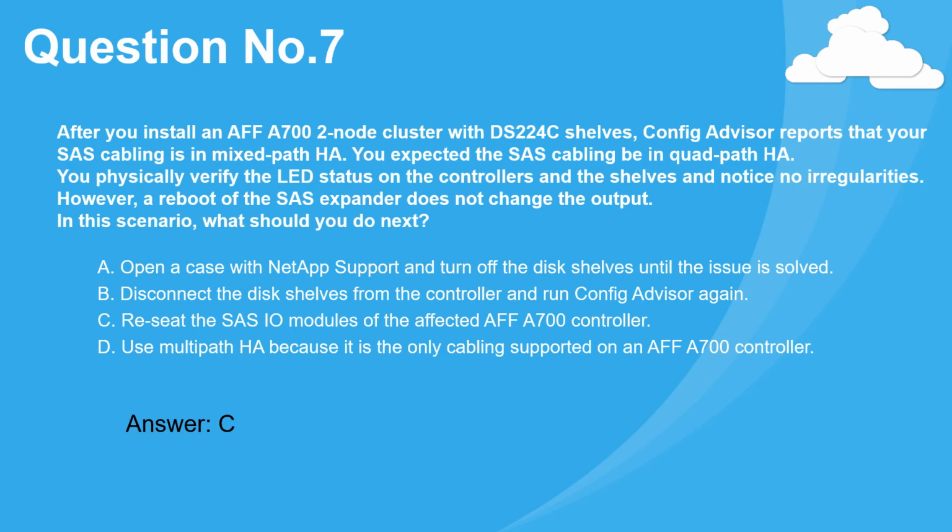In this scenario, what should you do next? A. Open a case with NetApp support and turn off the disk shelves until the issue is solved. B. Disconnect the disk shelves from the controller and run Config Advisor again. C. Reseat the SAS I/O modules of the affected AFF A700 controller. D. Use multipath HA because it is the only cabling supported on an AFF A700 controller. Answer. C.